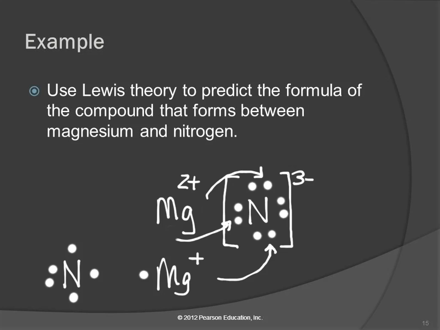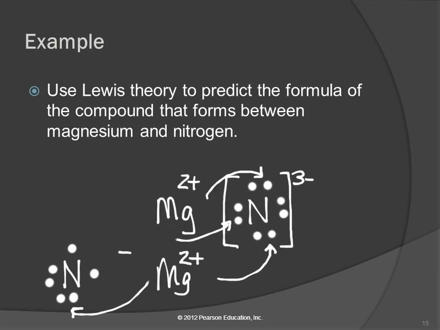So this magnesium can give that electron to this nitrogen. Now this magnesium has a 2+ charge. That nitrogen has a -1 charge. The second magnesium is happy, but now we've got a nitrogen who's still not satisfied.